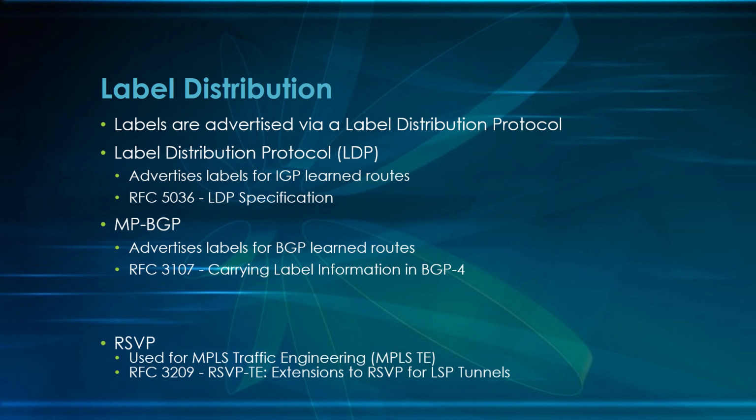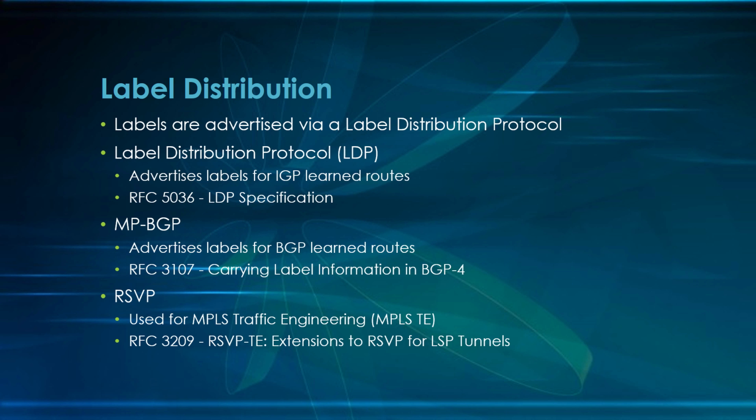Then you have RSVP traffic engineering, or RSVP-TE, which is RFC 3209, where you create an MPLS specific tunnel in the provider core, because it's not just PE to PE, it's PE to P, P to P, P to PE, lots of different variations.